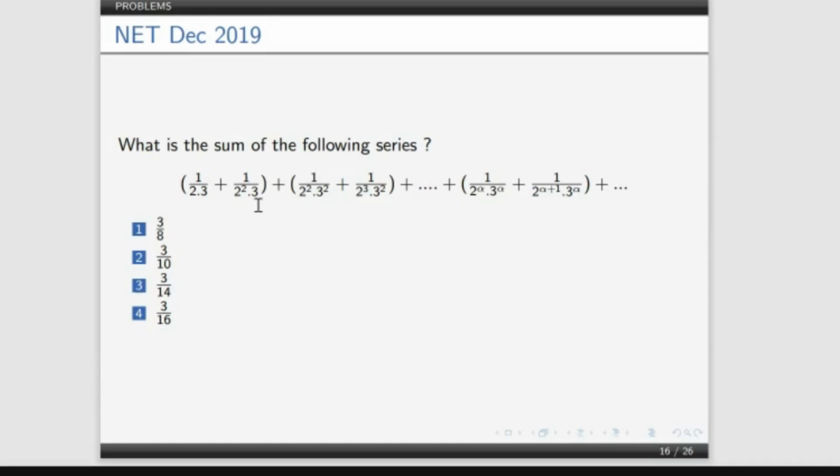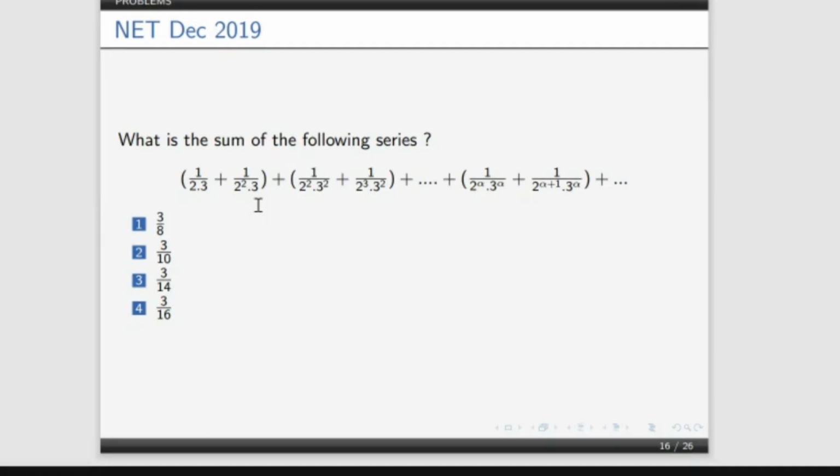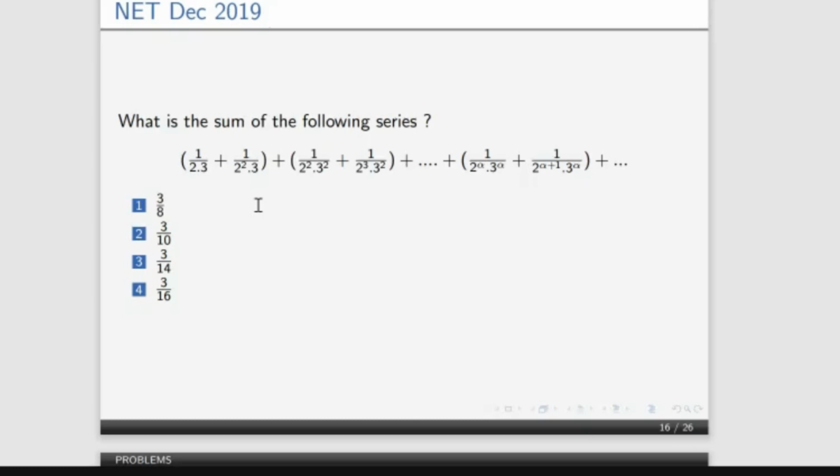Two answers have come. Any other answers? If this is all we have, okay, option 2. So I think most of it, that was somewhat easier it seems. Okay, we'll see the answer.